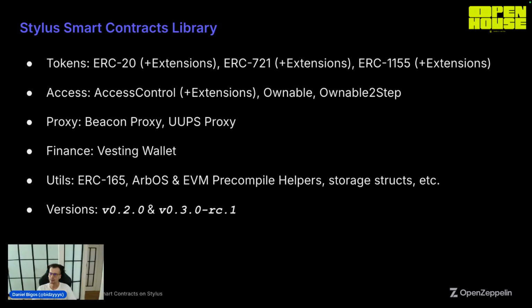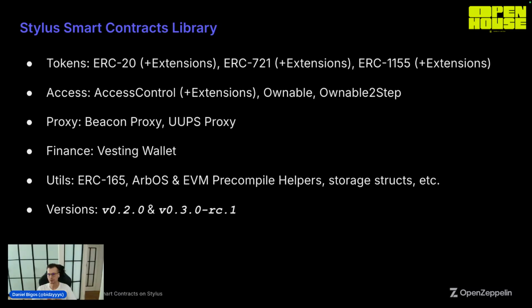Additionally, we have a great number of access management smart contracts, like access control with some of its extensions, and ownable two-step. Just to give a better overview, access control gives you role-based access management for smart contracts. Also, we have some upgradeability mechanisms like beacon proxy and UUPS proxy.